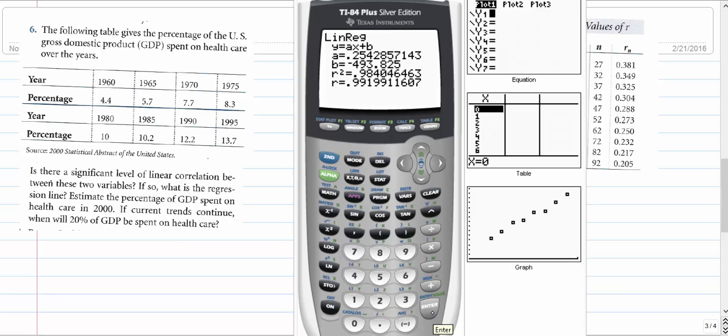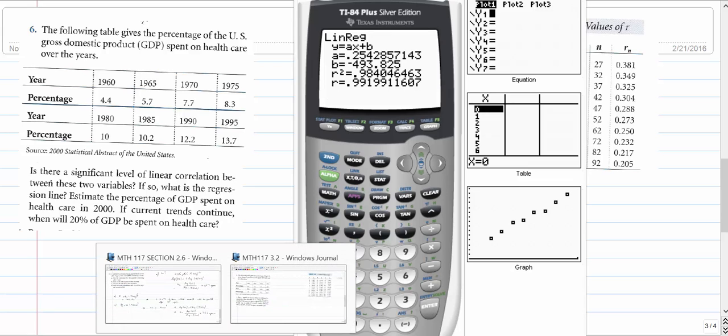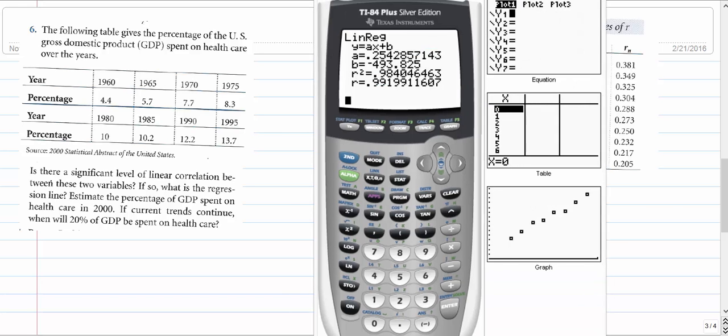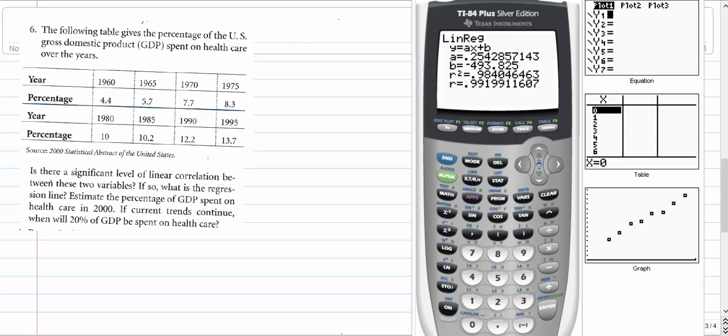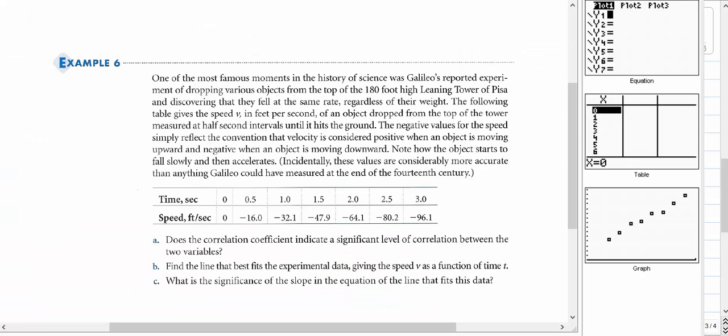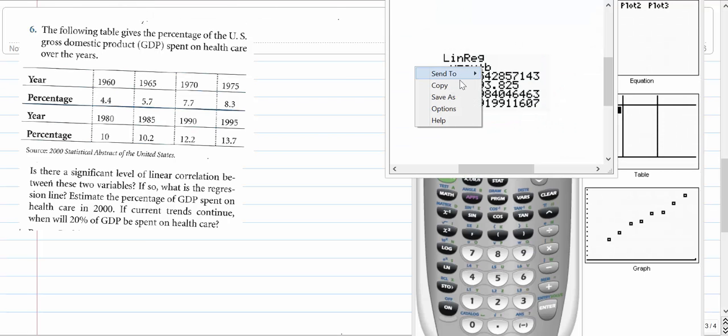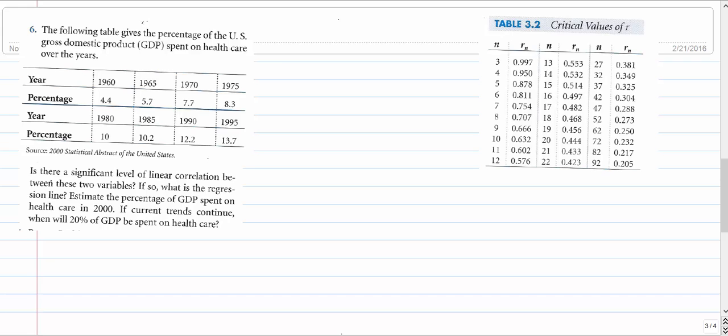So this is my linear regression. All right. And so I'm going to capture my linear regression and copy it right here.